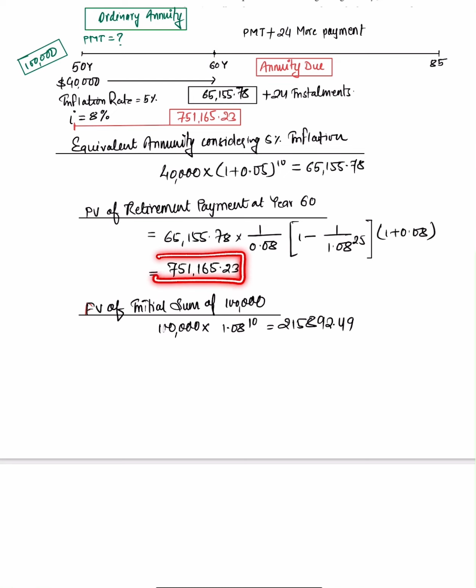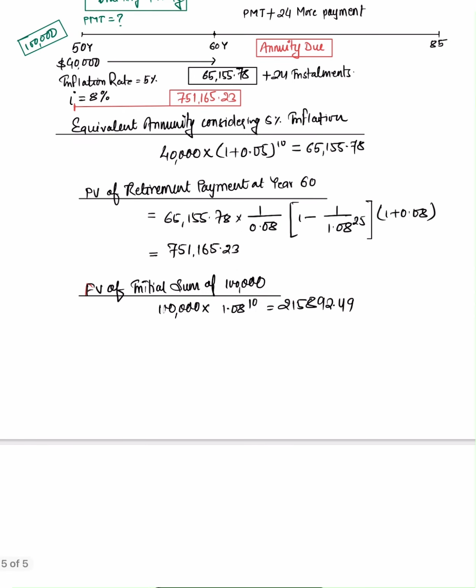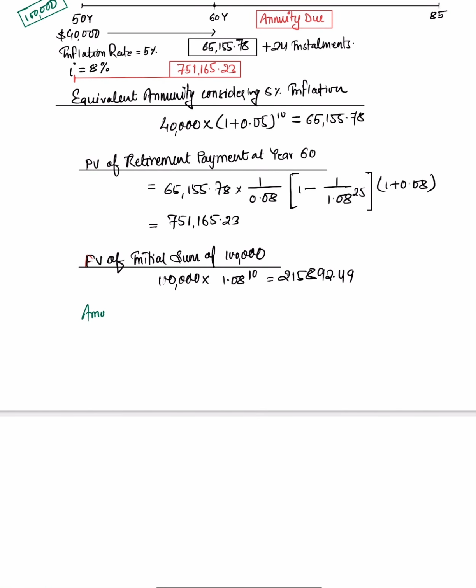The idea is you need to have this amount of money. You already have this amount, so how much you need to save is the difference between the two. So the amount to be saved equals 751,165.23 minus 215,892.49.